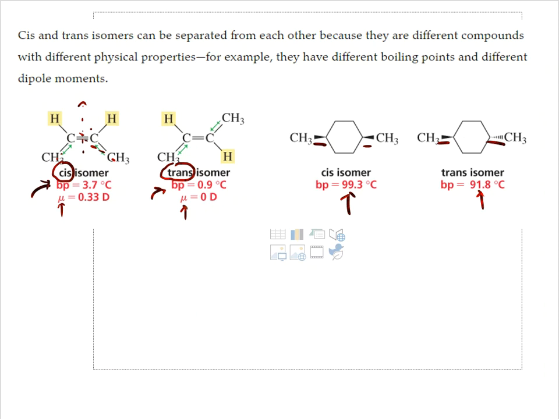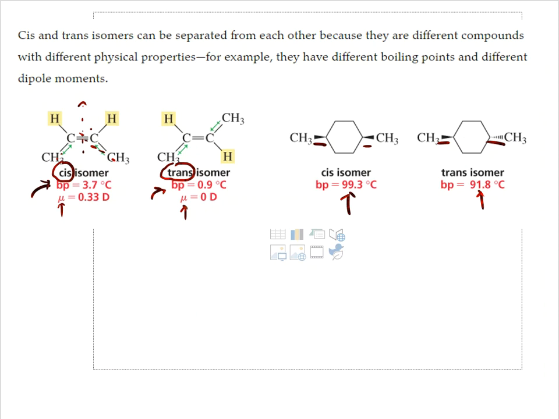Maybe 10. 99.3 minus 91.8. That's a fairly large difference that we can separate in a laboratory using a process like fractionation or distillation. I just need to take it a little slower and give these two things time to separate from each other. I can do that with nothing more than a little bit of heat.